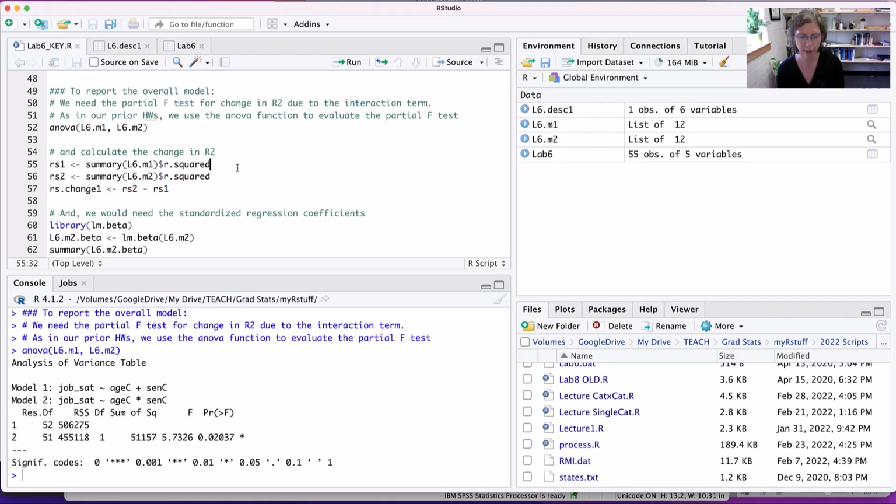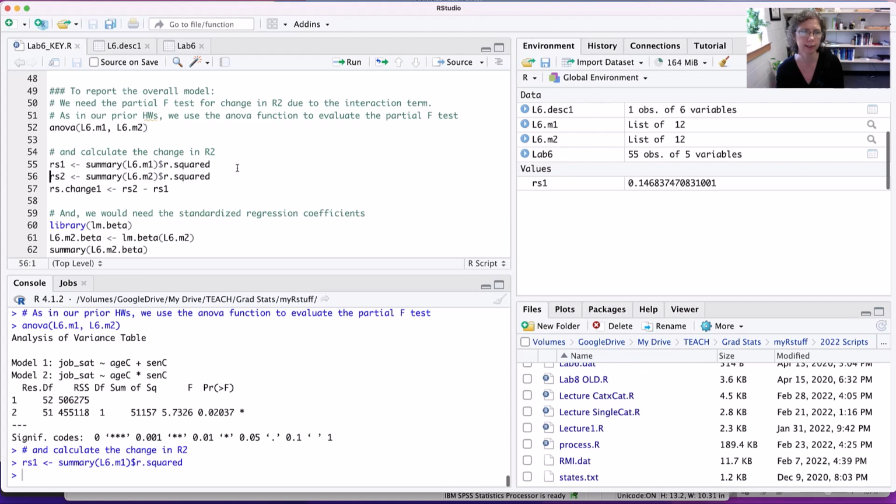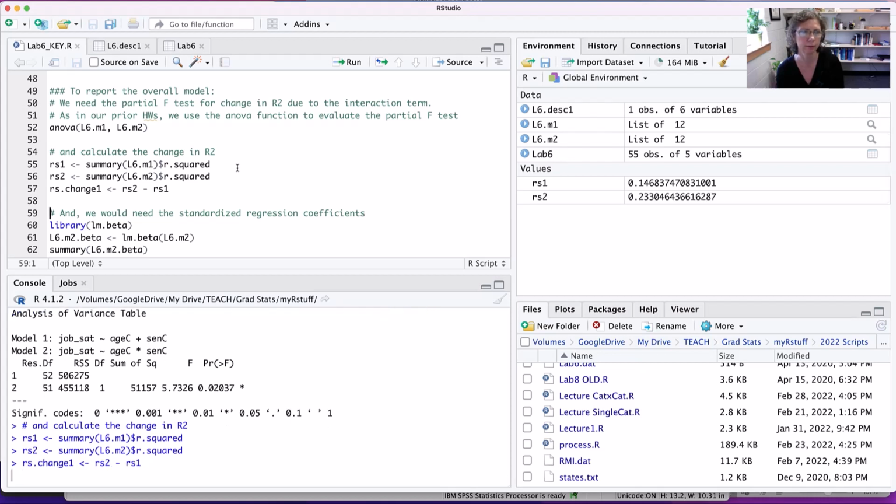I could just get a calculator out and do it as well, but I'm being lazy, and I already have the code, right? So my change in R squared is 0.086, about 8.6% increased variance explained by the interaction term that I included in model 2.